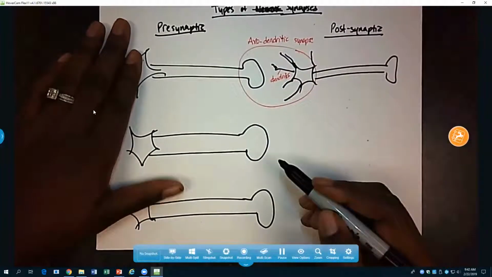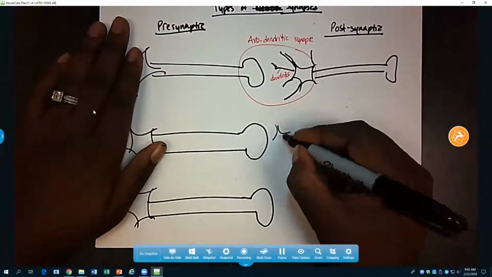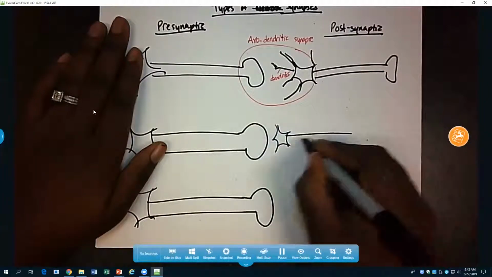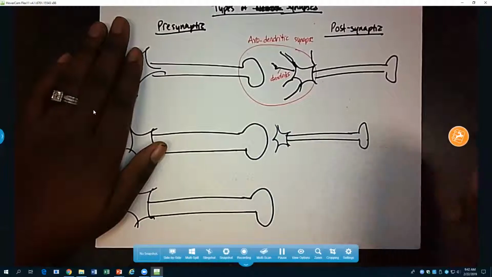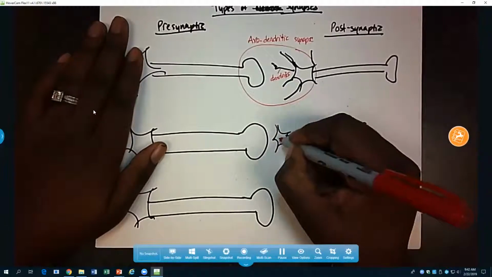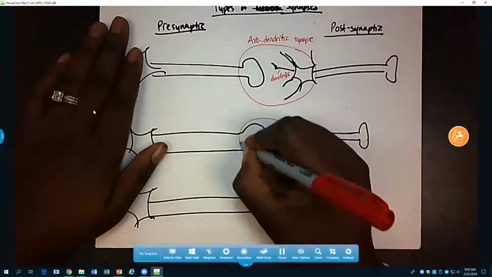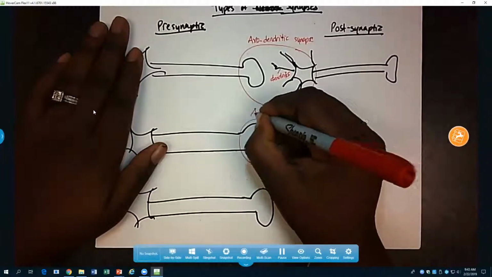The second place we can synapse is onto the soma or the cell body of an adjacent neuron. So directly onto the soma, and this is called your axosomatic synapse.